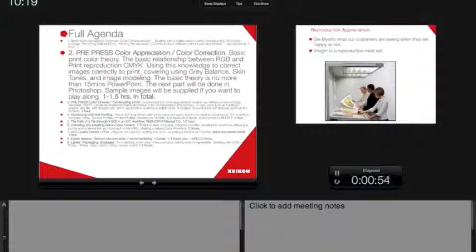And in terms of correction, we're not talking about colour retouching in terms of making someone's eyes bluer or the lipstick redder. It's about colour balance. And it's important that we understand this so we understand what's coming in has a relationship to what we actually print on the way out.